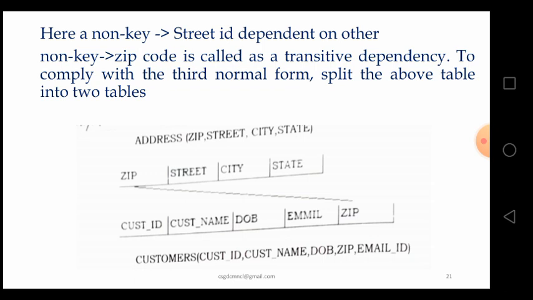Zip is removed from the customers table, then we develop another table with customer ID, customer name, date of birth, email, and zip. This is the main concept of third normal form.